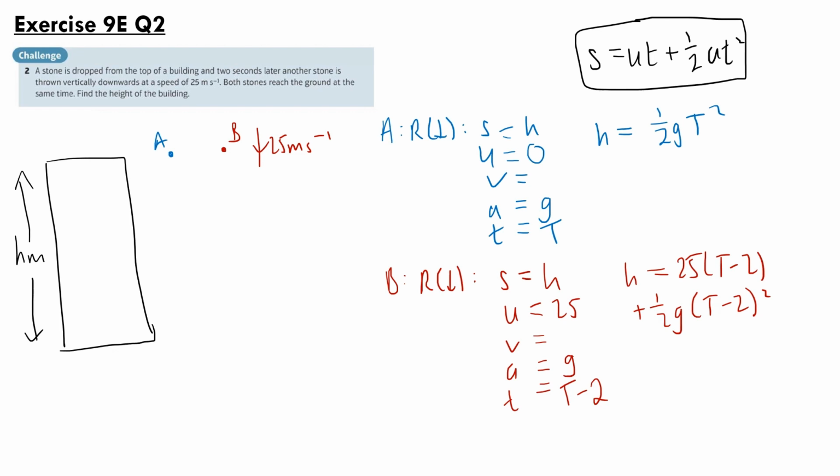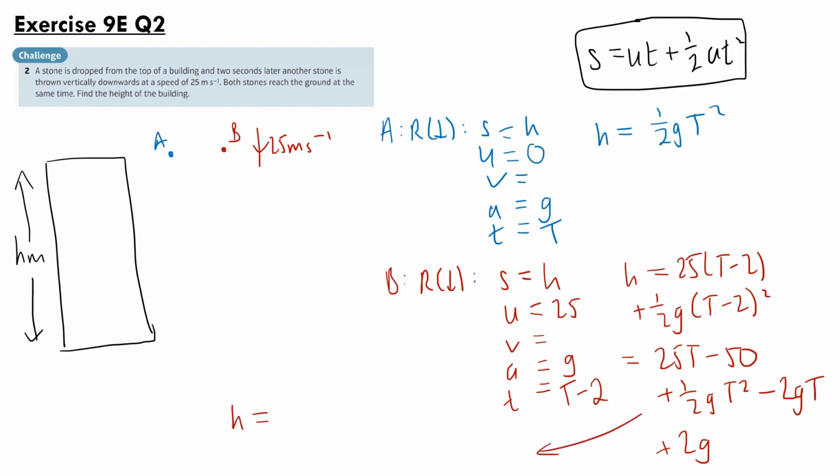And we can expand here, so we have 25t minus 50 plus a half g t squared. Then we'll have minus 4t, so that's minus 2gt, and then plus 4, so plus 2g. And collecting like terms here, we get h is equal to half g t squared. We have the 25 minus 2g t and plus 2g minus 50.